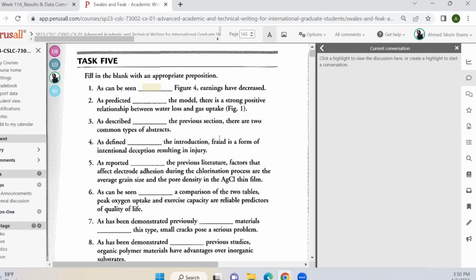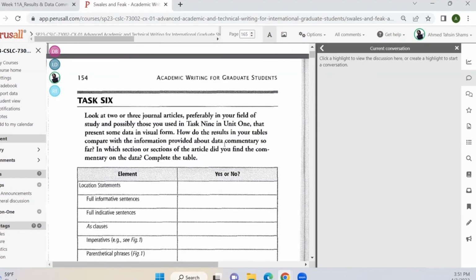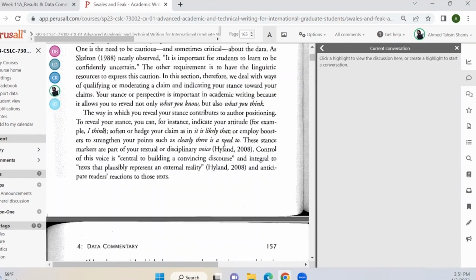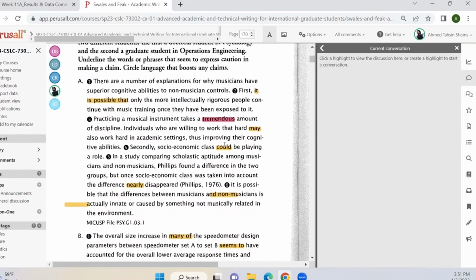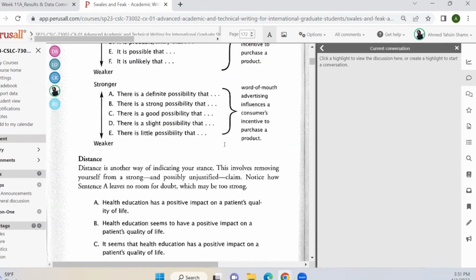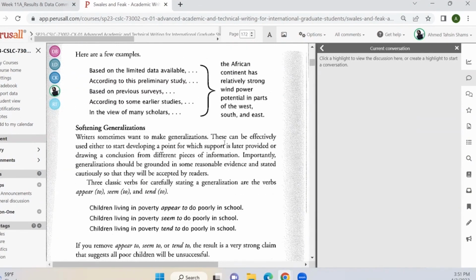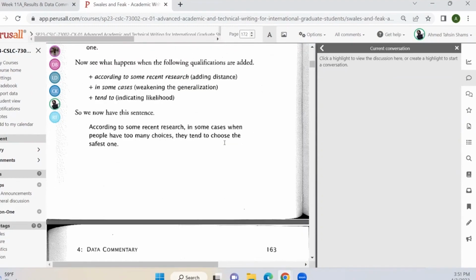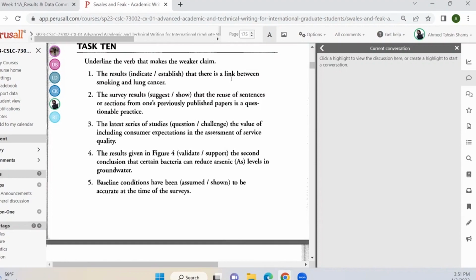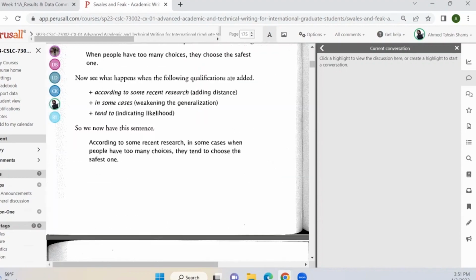Yeah, 5 and 10. Let me show you the 10th one also. In Perusal, if you type in the box, page 172 is where task 10 is located.